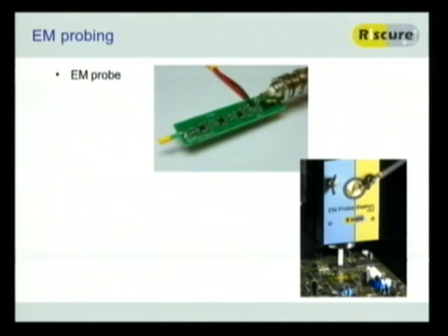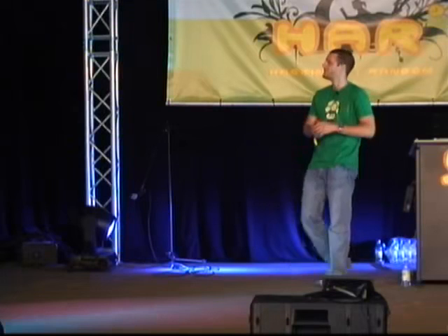Now, when we're going to do EM probing, we need to have this coil. We made it ourselves because we experimented a bit with hard drive heads as well, since you can use them as an EM sensor too. But they didn't really have the size and the particular characteristics that we were looking for. The coil is nothing more than a bit of wire, so it's not that hard to make.